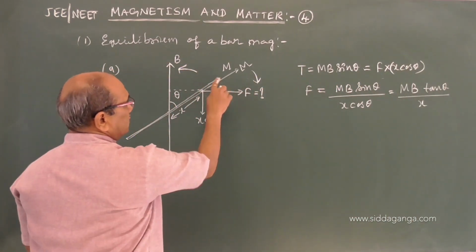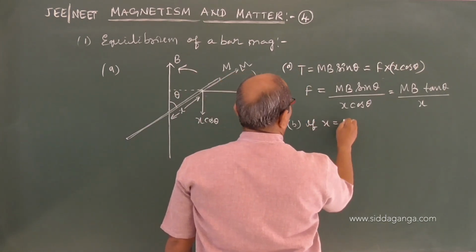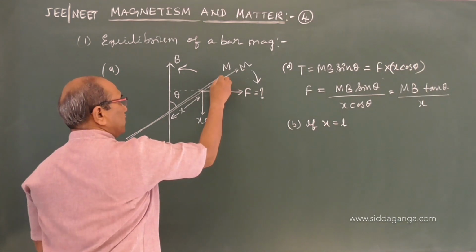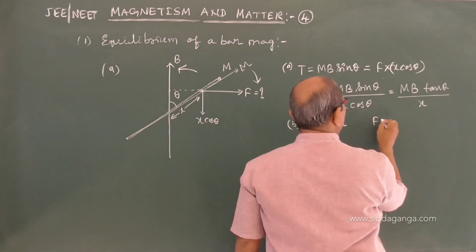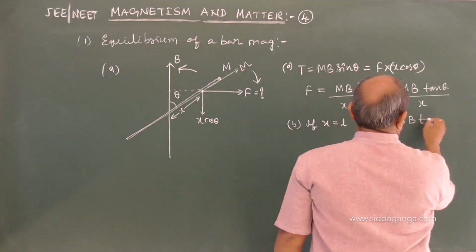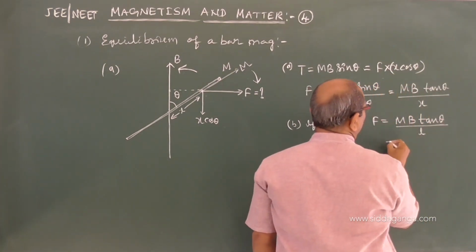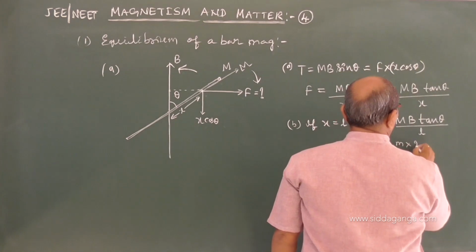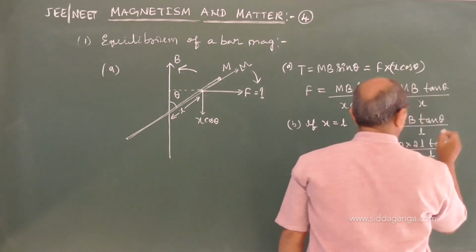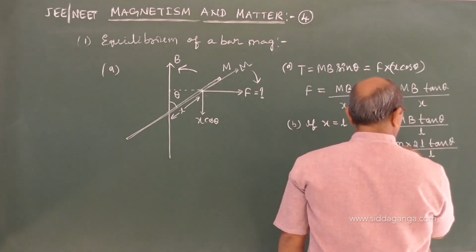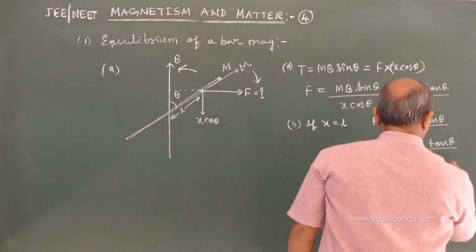If the same force is applied at the end B, if x is equal to L, at the end point, then x becomes L, and the equation can be written as mB tan theta by L. But here, if I substitute the moment, pole strength into 2L, into tan theta by L, in terms of pole strength it becomes 2m into tan theta.